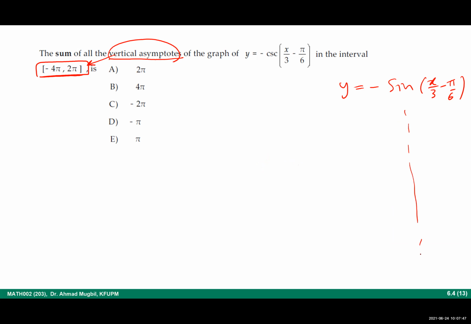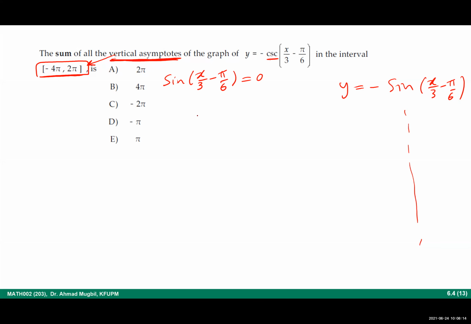For those who want to use the algebraic method, let me give you a hint. What is this? It is cosecant. Vertical asymptote means undefined. So cosecant is undefined if the sine of x over 3 minus pi over 6 equals 0. If this equals 0, we will be in trouble here.